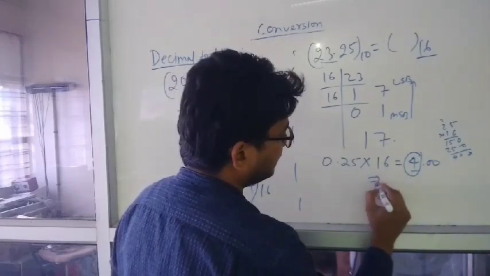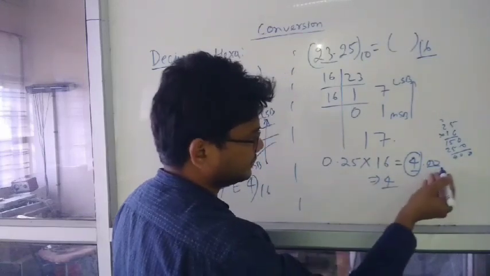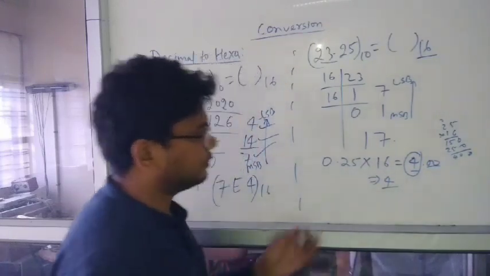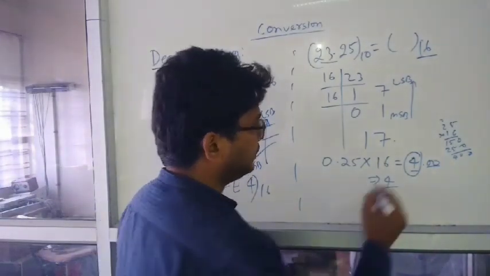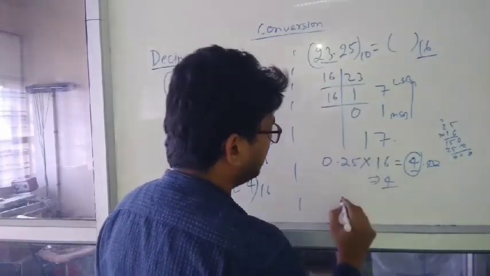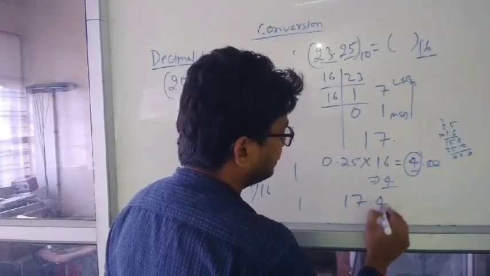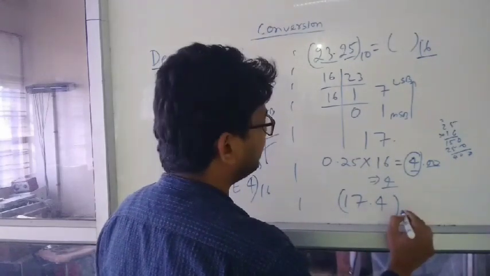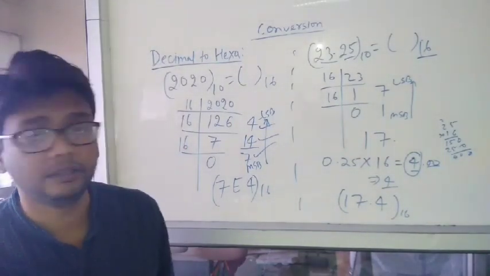So here we write 4, and next the fraction part 00, if we multiply it by 16, the answer will become 0, so we cannot go further, and finally we write the answer. For 23 we write 17, and for 0.25 we write 0.4. So we can easily find the hexadecimal form from decimal.